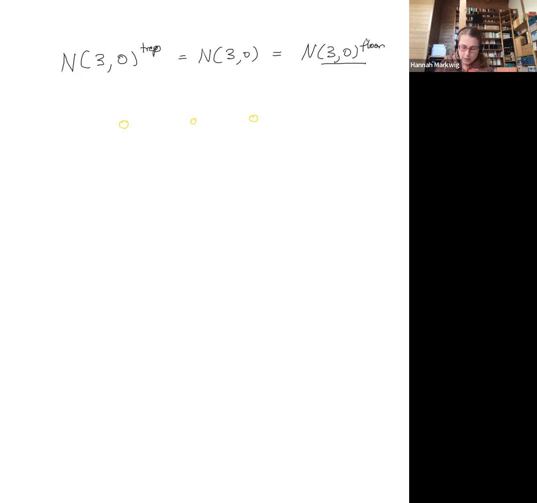What are the options? I could have a weight 2 edge here and a weight 1 edge here, or I could have a weight 1 edge here and a weight 1 edge here.